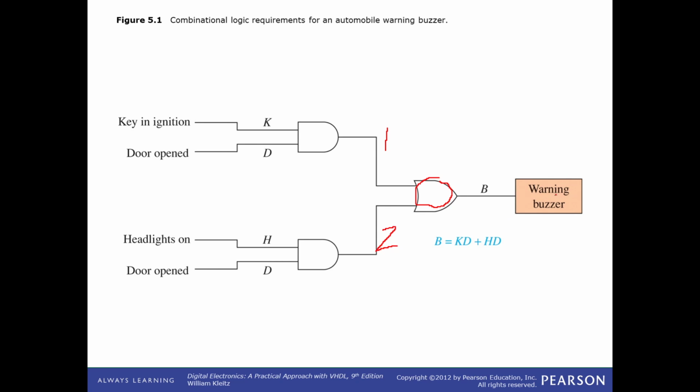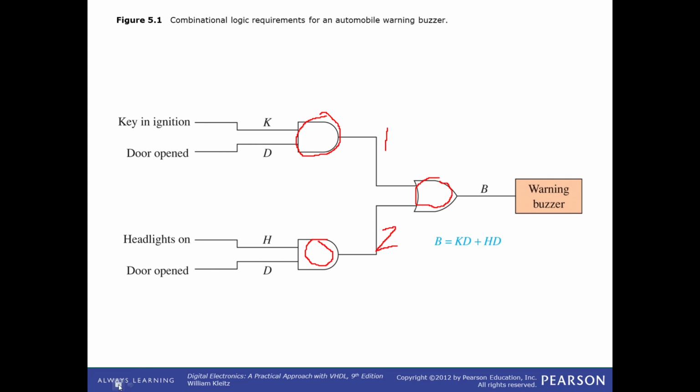Condition 1 is if our key is in the ignition and the door is opened, so those two inputs go into an AND gate. Our second condition is if the headlights are on and the door is opened, produced by this AND gate here. And then those two go to that OR gate we mentioned.